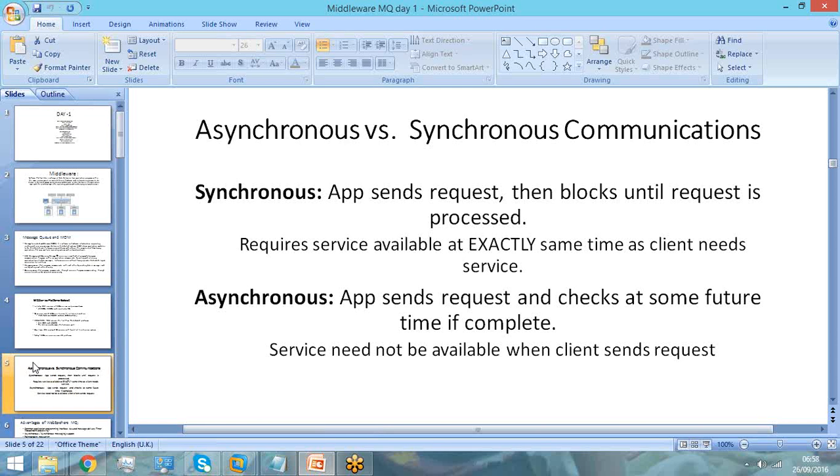But the sending application is not bothered if the program it is sending the message to is readily available at that time. This form of communication is called an asynchronous way of communication.